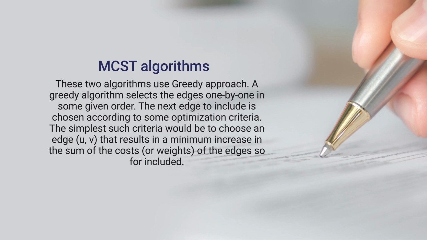The next edge is chosen according to some optimization criteria. The simplest such criterion is to choose an edge (u, v) that results in a minimum increase in the sum of cost. Both algorithms establish the same thing: they find the minimum cost spanning tree rather than building all the spanning trees.